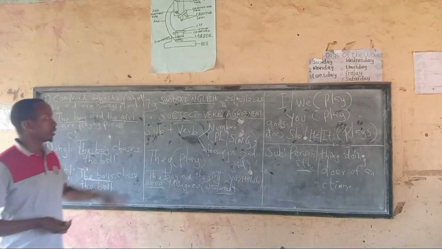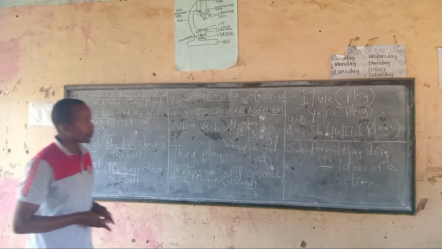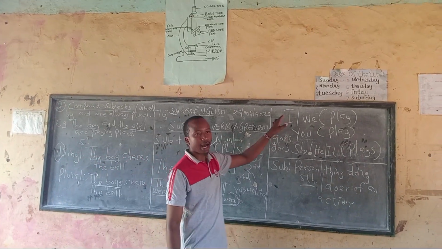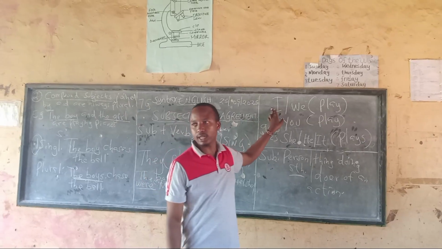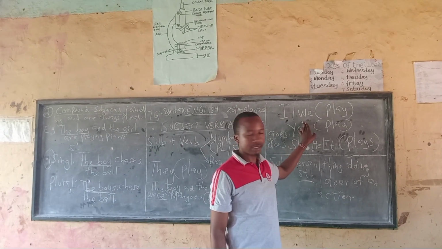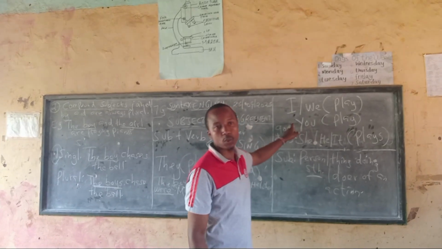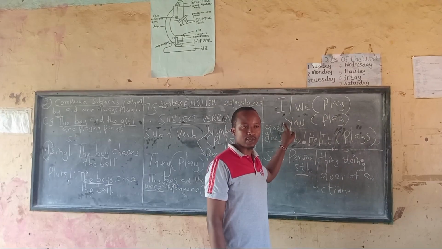And then we gave an example of persons. We say we have first person to be I and we. I is first person singular, we is first person plural. Are we together? Yes. And you is second person. It can either be plural or singular, but you does not change.